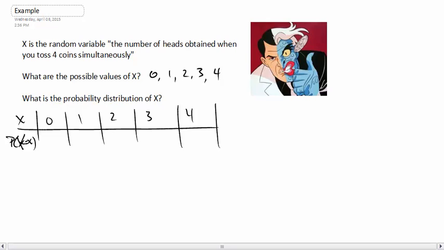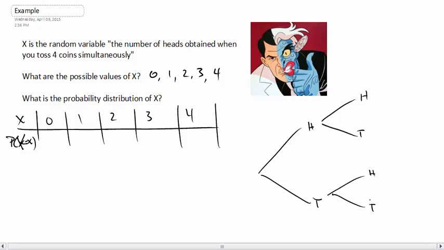And what might be helpful for us to organize this, instead of just listing everything out, would be to look at a tree diagram. We could get heads and tails. Heads or tails on the second flip. And so on like this. And what we'll find here is that there are 16 total outcomes.